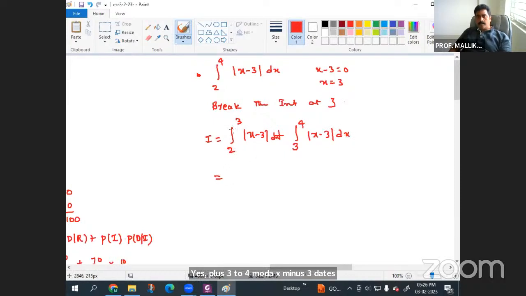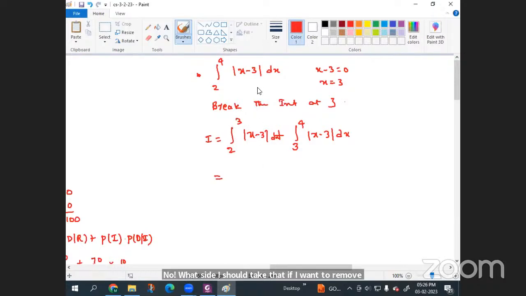Now, what sign should I take if I want to remove this modulus? Minus.